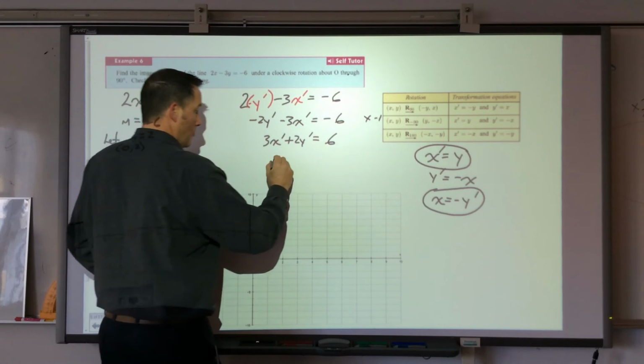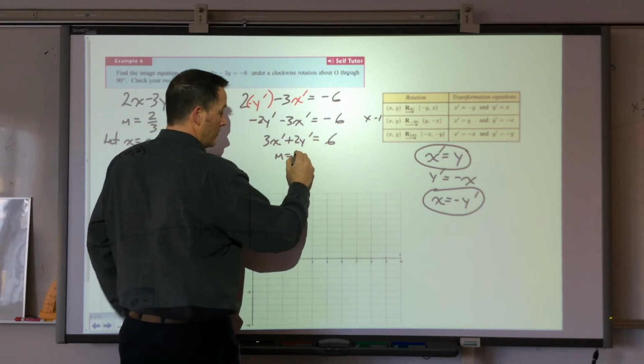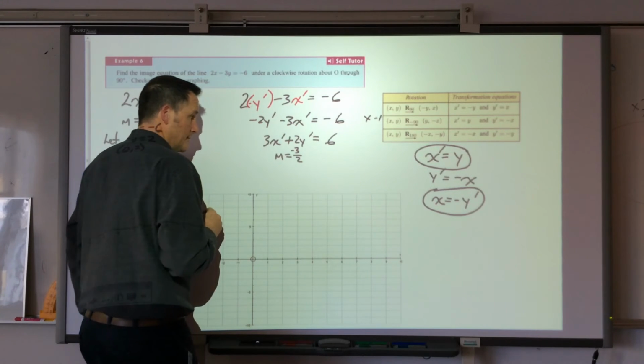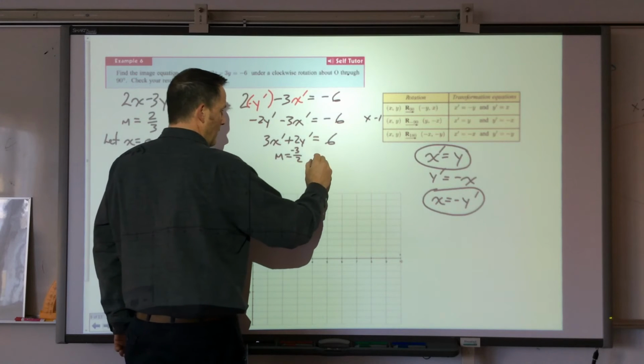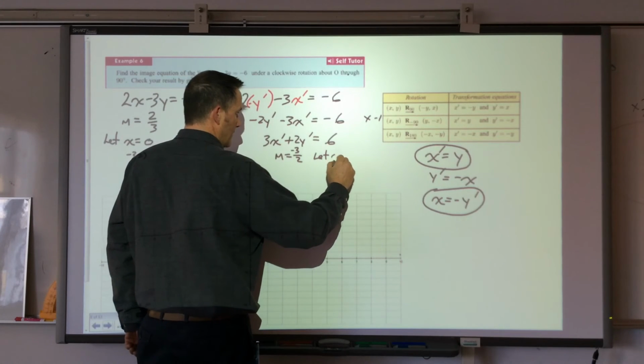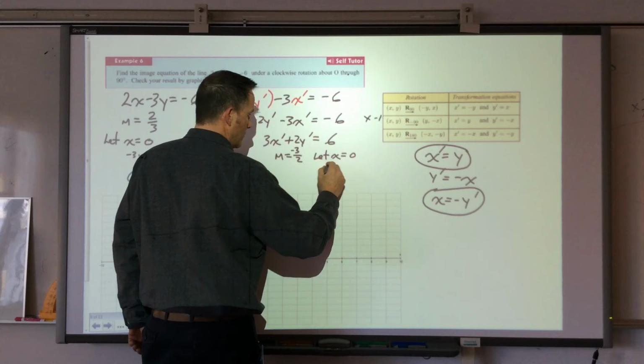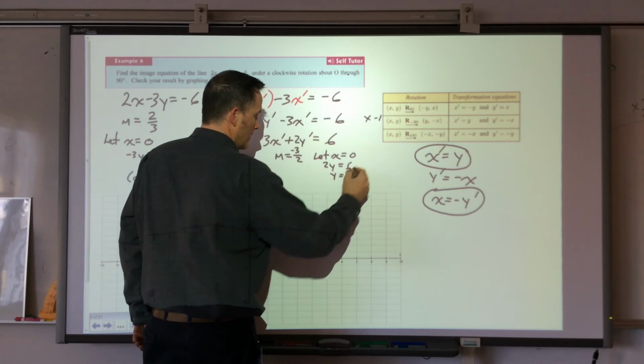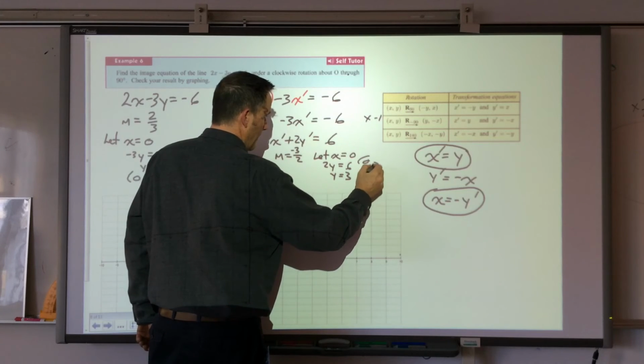So now I have a slope of negative 3 over 2. And I'm going to let x equal 0. So 2y equals 6, y equals 3. So it's passing through the point (0, 3).